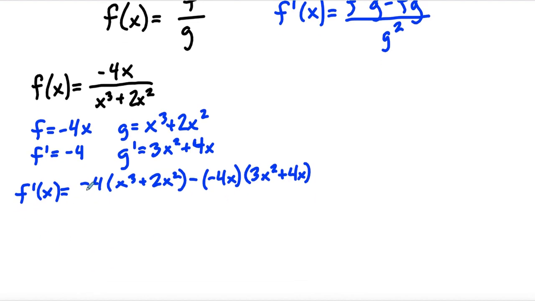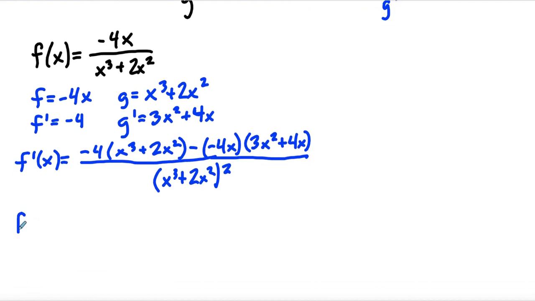All right, and then we're going to put that all over g squared. You can multiply this out because you're going to just take this whole thing and put it in parentheses and square it. But I like to leave this as my final answer because, even if I'm going to input a number, it's actually a little easier to do it in that form.